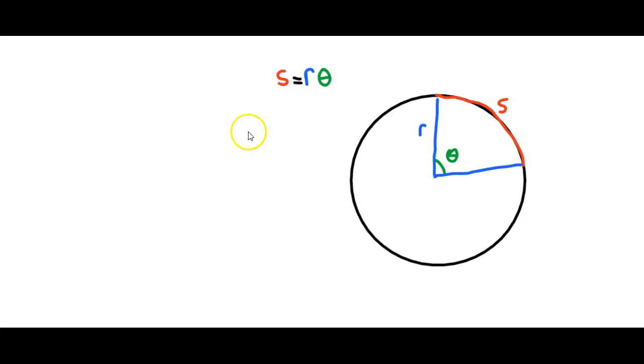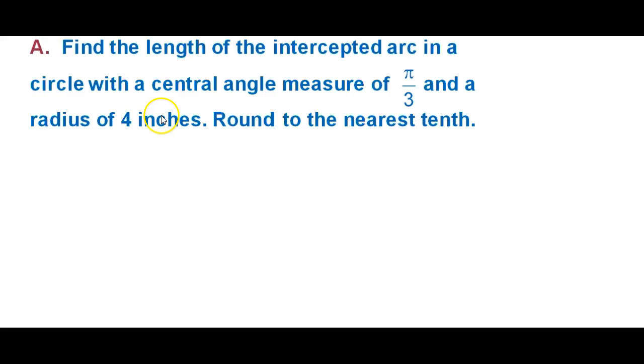So then if we look at our first example, find the length of the intercepted arc in a circle with a central angle measure of pi over 3 and a radius of 4 inches. So we'll say S, our arc length, is equal to the radius times theta, which we do want to be in radians.